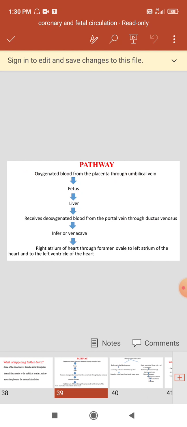We discussed the detailed pathway: oxygenated blood from the placenta goes through the umbilical vein and reaches the liver of the fetus, receives deoxygenated blood from the portal vein through the ductus venosus, and reaches the inferior vena cava. From the inferior vena cava it goes to the right atrium, then through the foramen ovale to the left atrium, and some reaches the left ventricle of the heart.